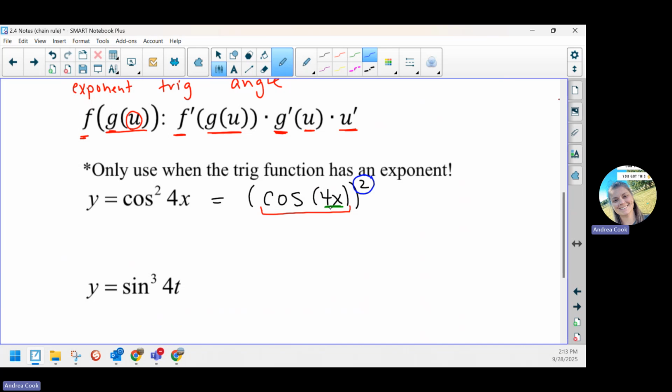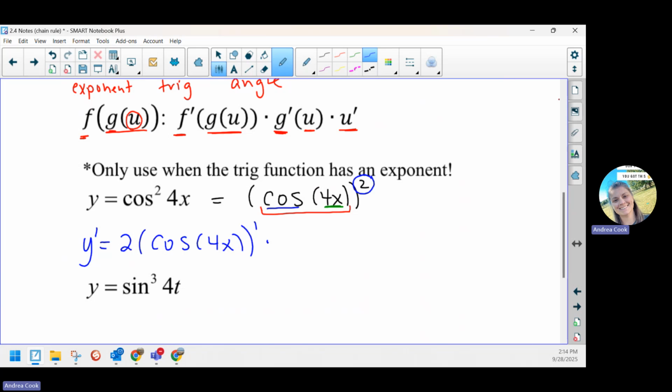So you have a function inside of a function inside of another function. So if I go to find the derivative, I start with the outermost function, which is the exponent. So you bring the 2 down, and we do nothing to the inside functions. We subtract 1 from the power, times, now we do the next inside function, which is the trig.